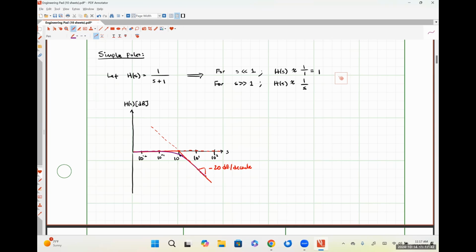Where at this frequency, s equal to 1, we see that the value of our function is actually 3 decibels lower than the 0 that our corner implies, right?